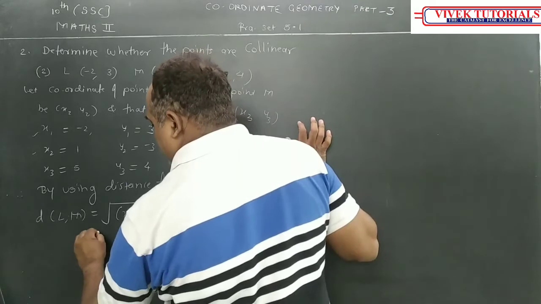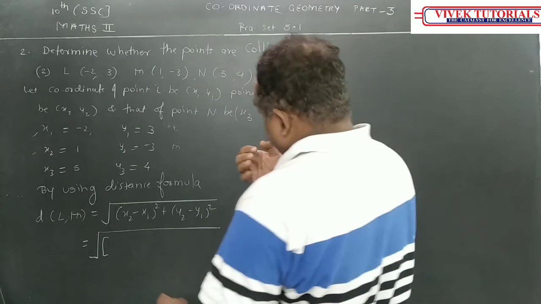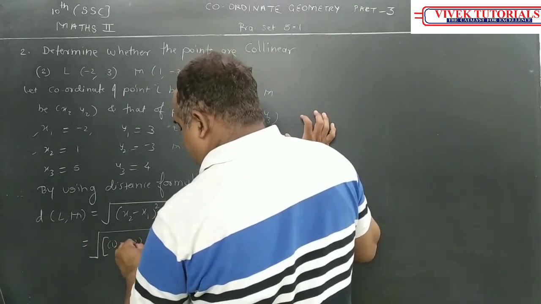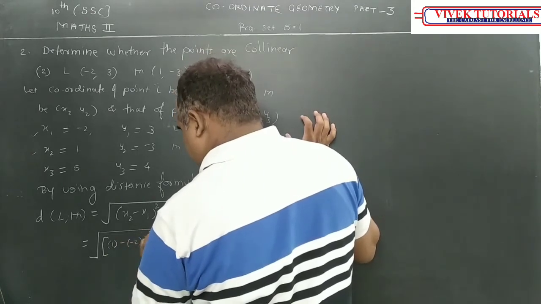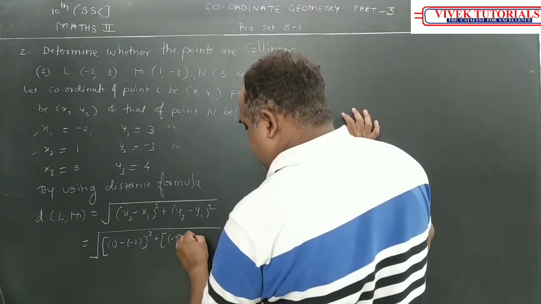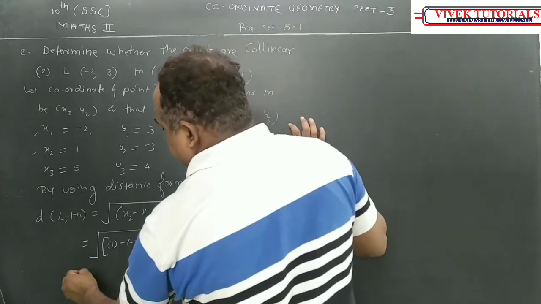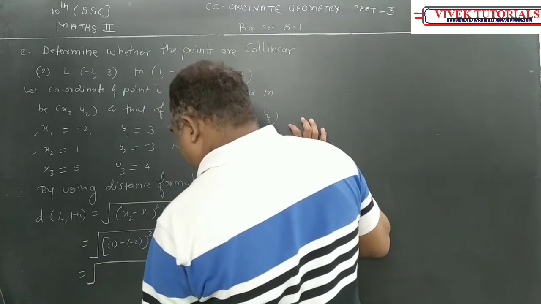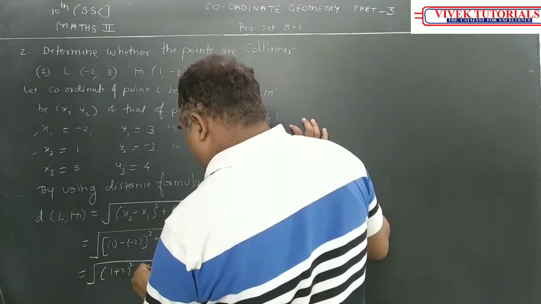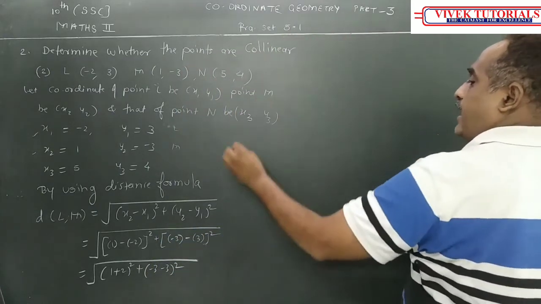That is equal to under root in square bracket, x2 is 1 minus minus 2 the whole square, and y2 is minus 3 minus 3 the whole square. So we get under root 1 plus 2 the whole square plus minus 3 minus 3 the whole square.